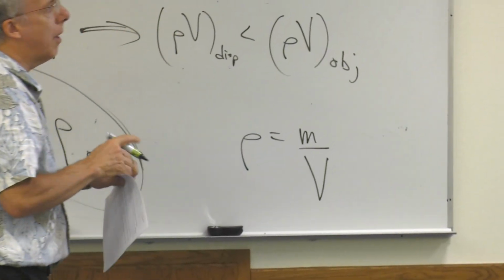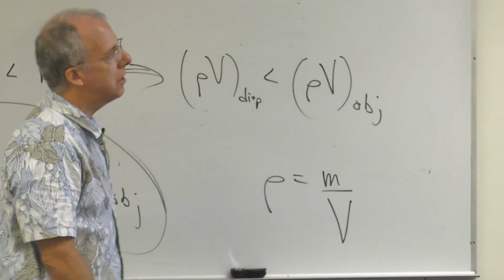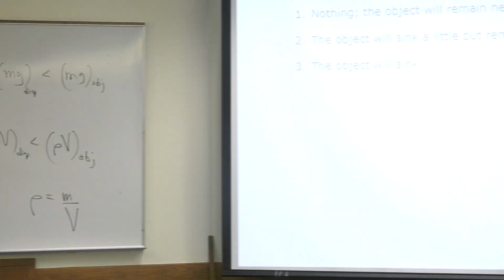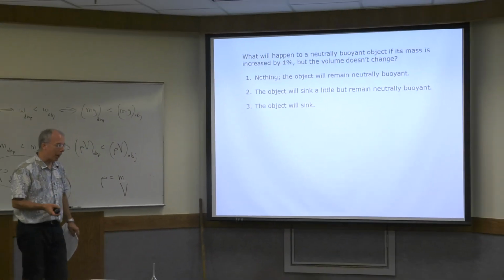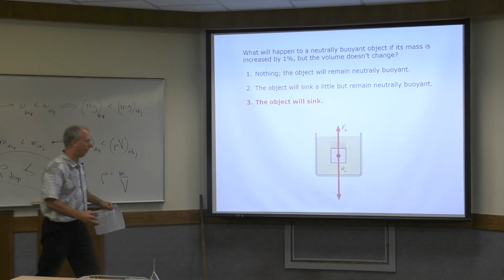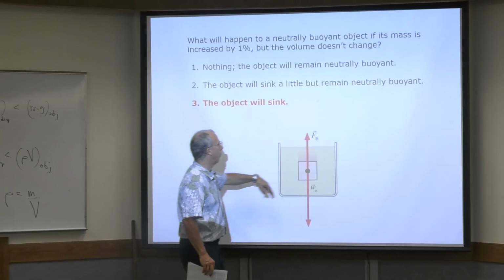So if the mass increases but the volume remains the same, what happens to the density? Well, obviously it increases. If the density of the object increases, what's going to happen? It's going to sink, right? Because now the weight of the object is greater than the buoyant force, so it sinks.